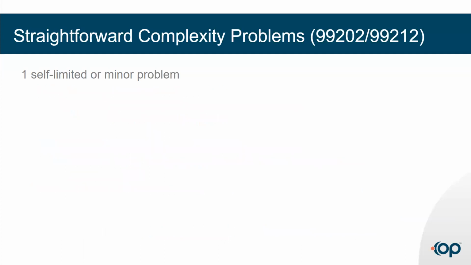When we're looking at straightforward complexity problems, those that would qualify for a 99202 or 12 based on new or established patient, we're talking about a simple, self-limited or minor problem. An insect bite, the sniffles, something that may actually have gone away whether or not the patient saw you.